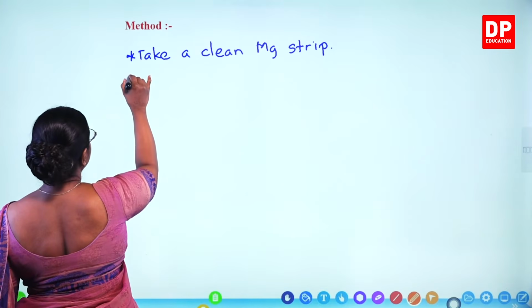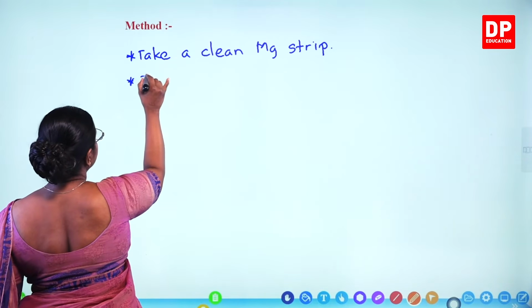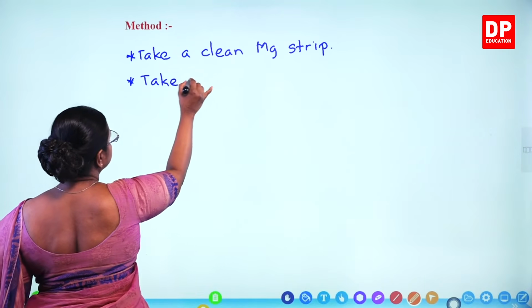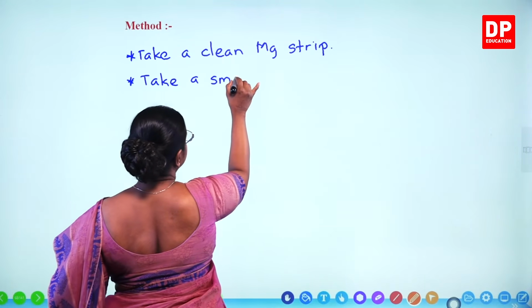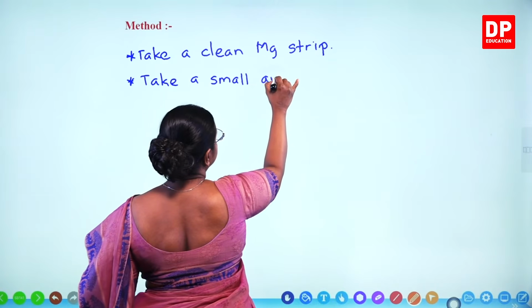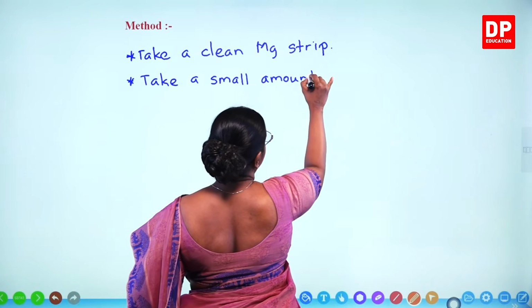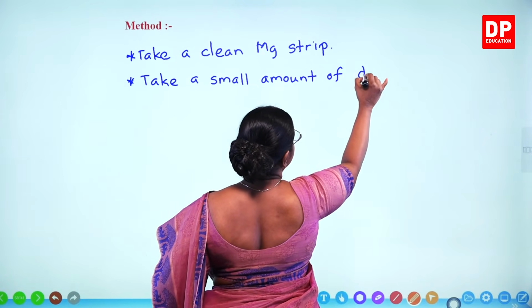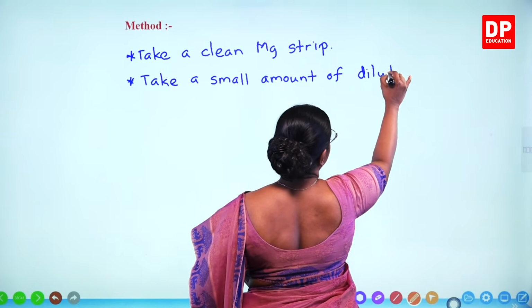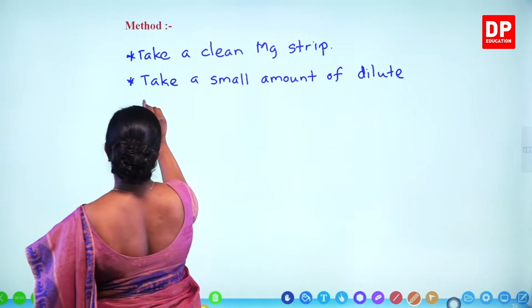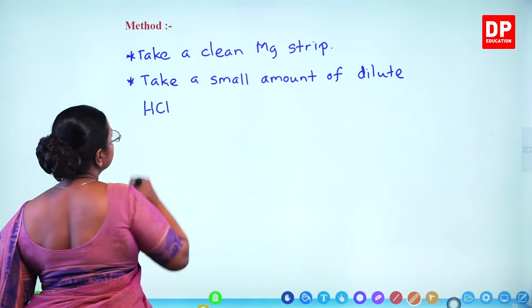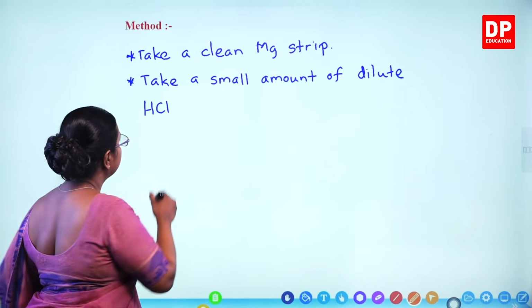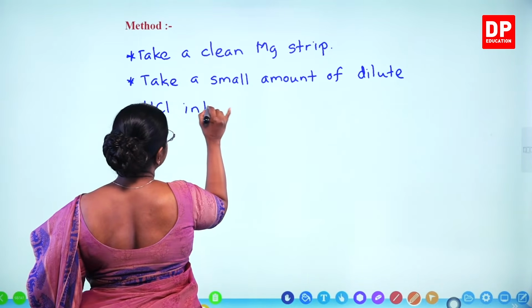Then what do we do? We take a small amount of dilute hydrochloric acid, HCl, into a test tube.